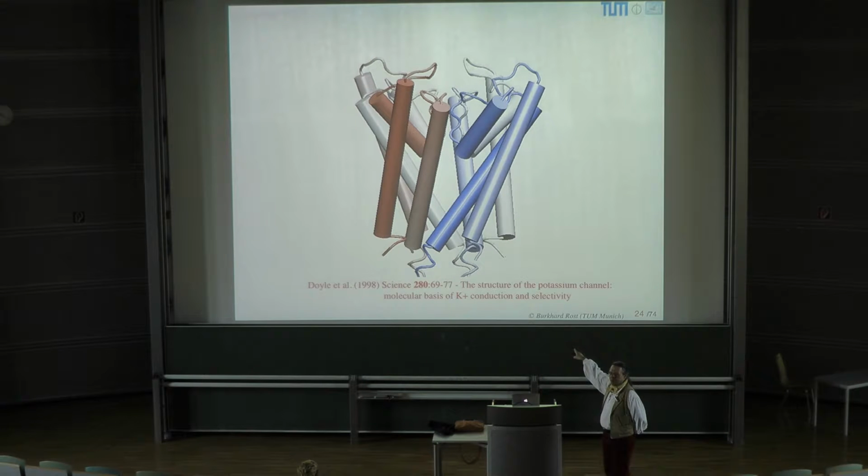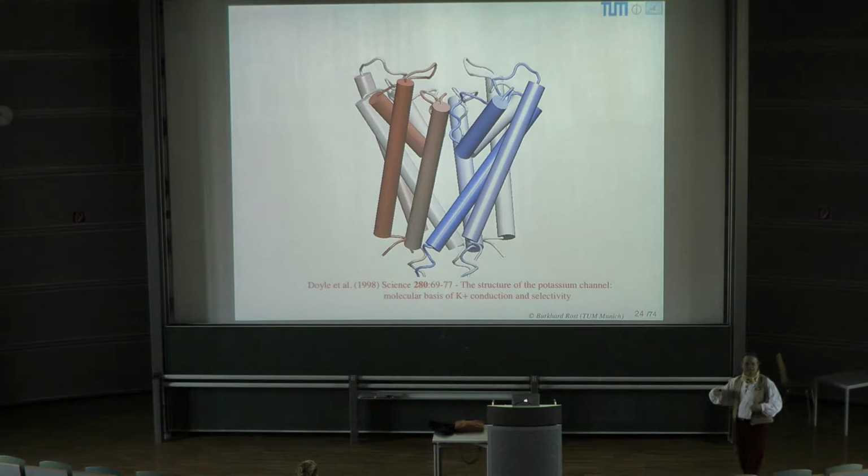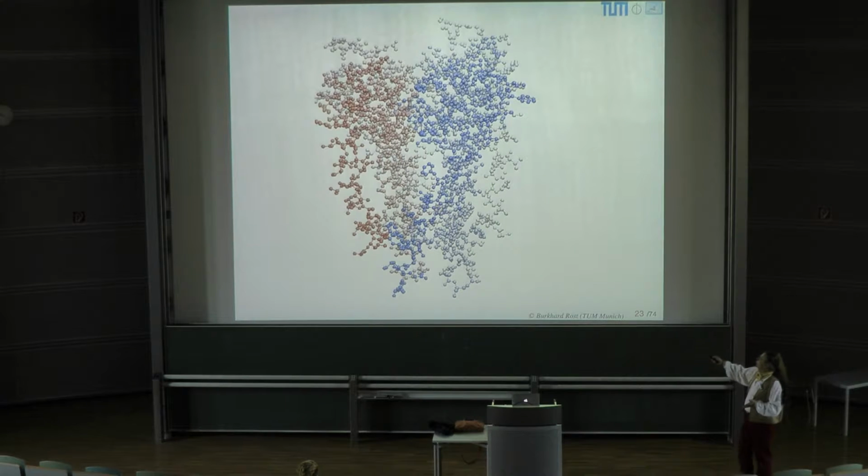So that's a protein, a membrane protein. The rods you see are alpha helices. Andrea briefly introduced them. We will get back to this representation of alpha helices again and again in our lecture. It is in fact the same picture, just a different representation. Here, every single amino acid is represented by one ball with a stick.